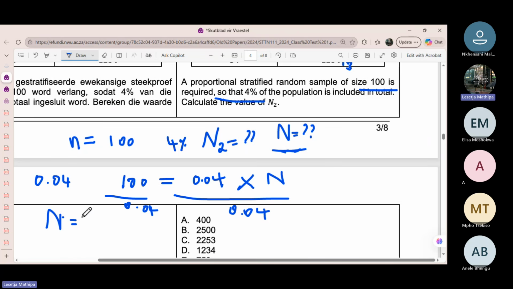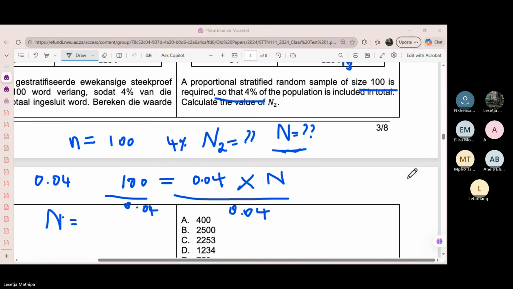What do you guys get on your calculator? Can you please confirm, 100 divided by 0,04? 2,500.